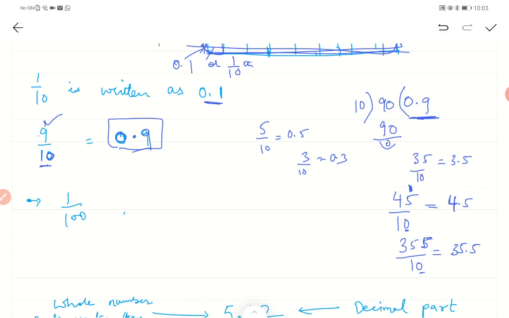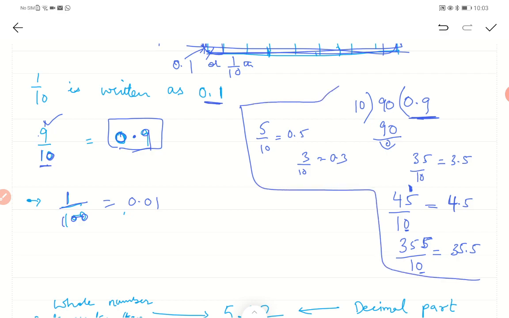Now what about 100? If it is 1 by 100, I'll get 0.01. How is it? See, if I divide 1 by 100, this 1 is a very small number, it is not there in 100 table, so I will place a point, 0 point.